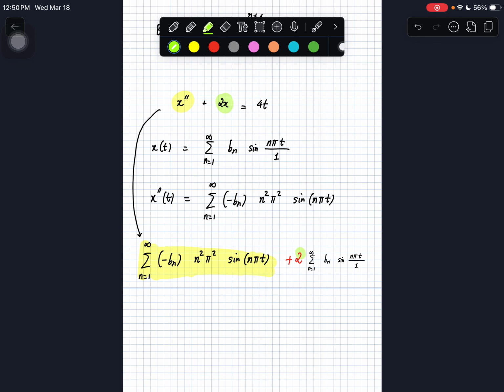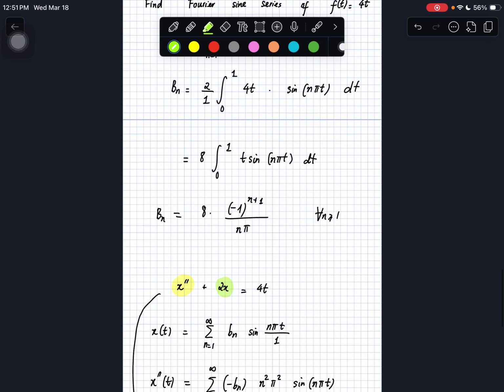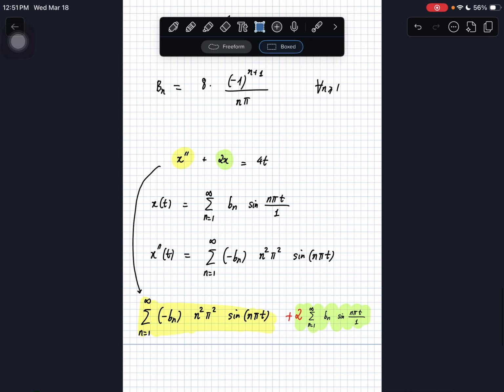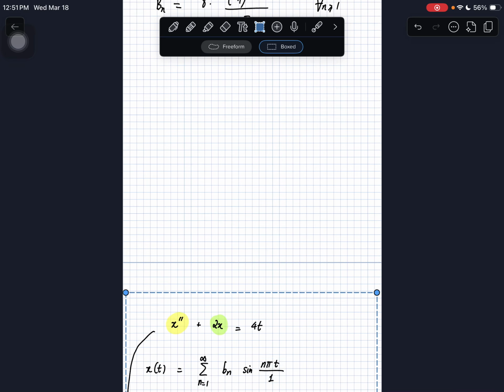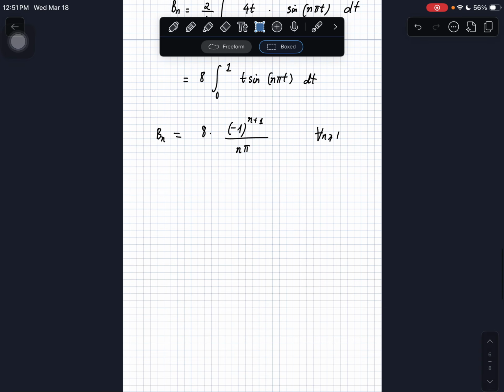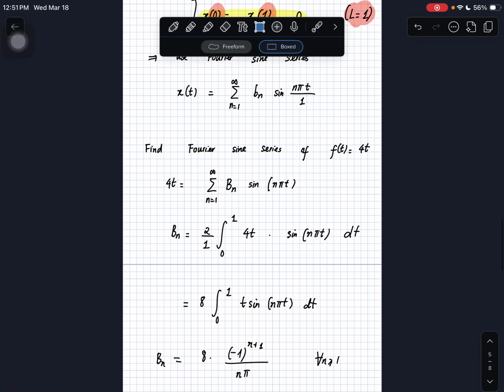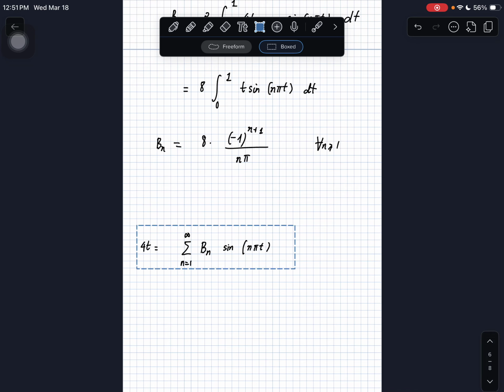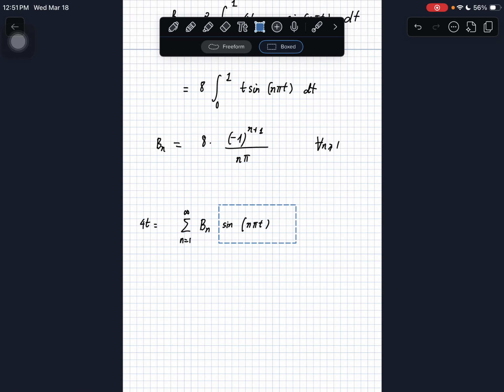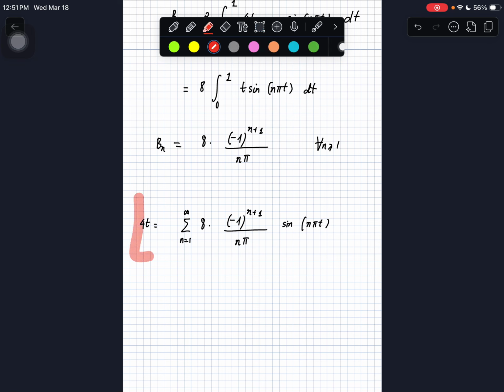Equal to the Fourier series of 4t. The Fourier series of 4t is equal to this. 4t equals the sum of Bn, where we computed that Bn. So this is the Fourier sine series of 4t.